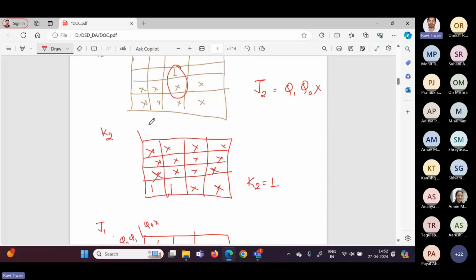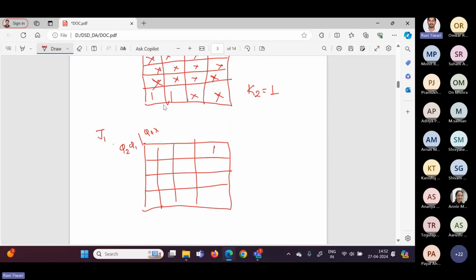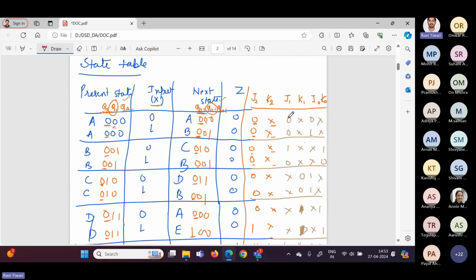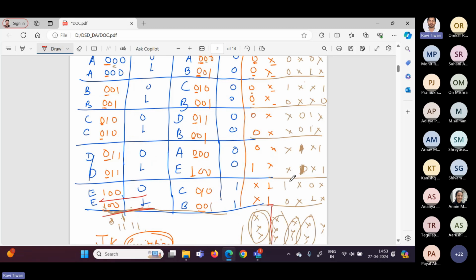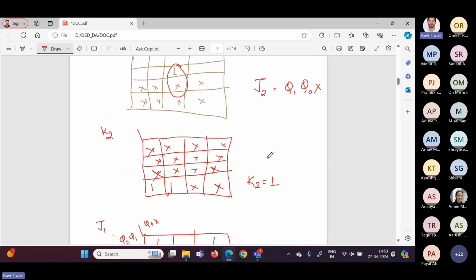So 2 is 1, 2 is 1 and after that all are don't care conditions till 7. So here is don't care and here is don't care, 1, don't care, don't care, don't care, don't care, don't care. So this is the scenario that we are getting for J1. For J1 it is 1 here, then don't care, don't care, don't care, then we have 1. So two ones are there that I filled in here.